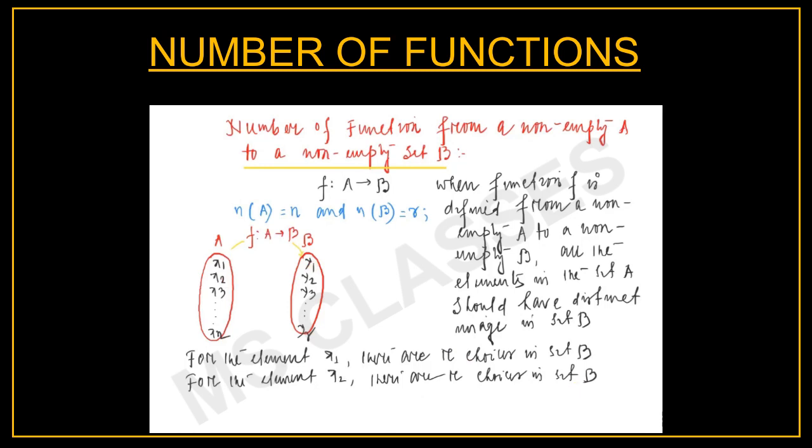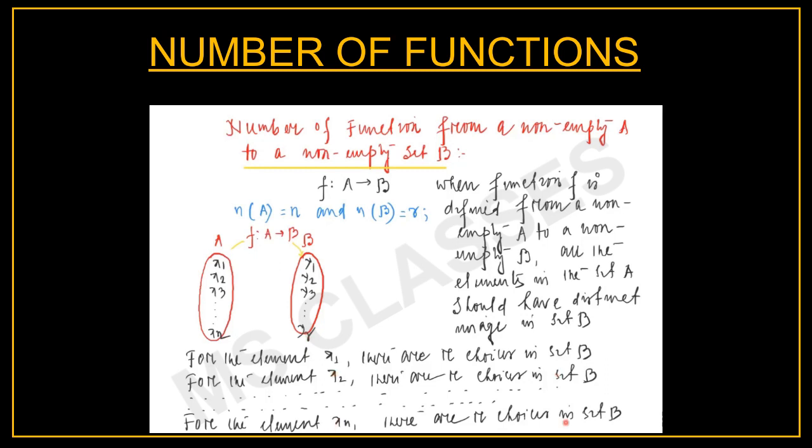So like this, if we go on for the element xn also, there are R choices in set B. So x1 has R choices, x2 also has R choices, xn also has R choices.